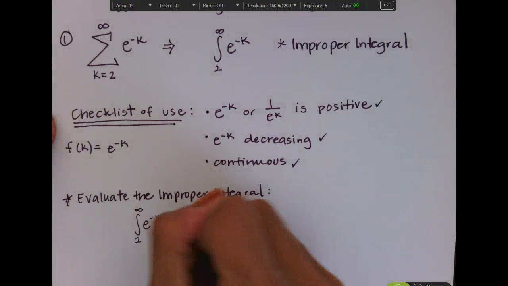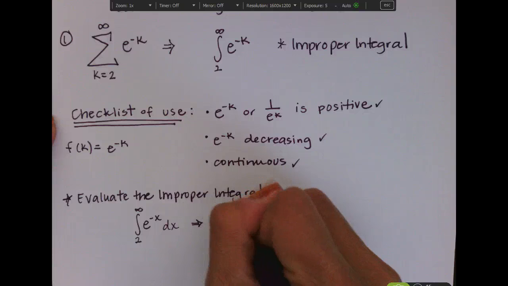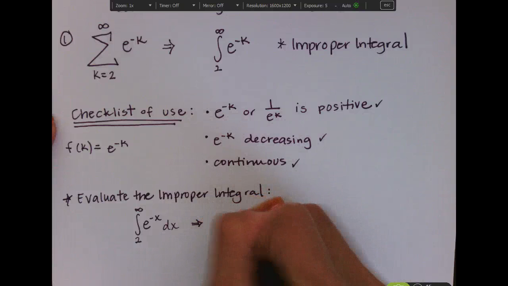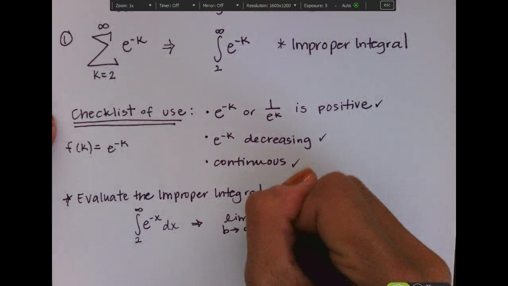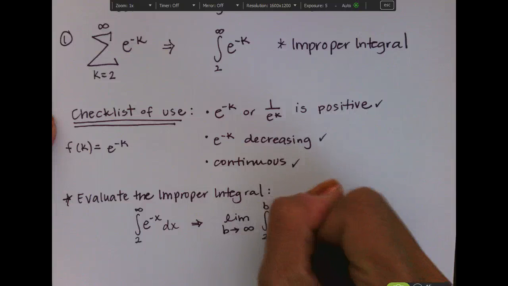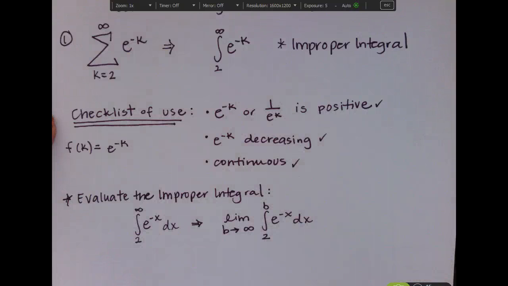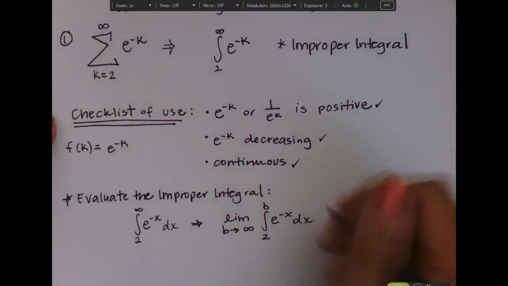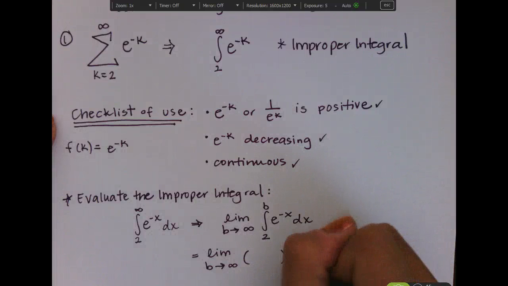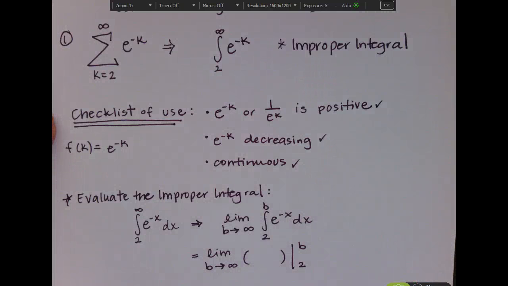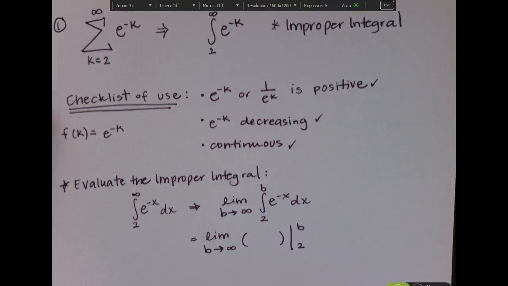So in order to evaluate this improper integral, I'm going to write it as the limit as b approaches infinity of the definite integral from 2 to b of e to the negative x dx. I'm going to evaluate the antiderivative, and I'm going to plug in the limits of integration from 2 to b.